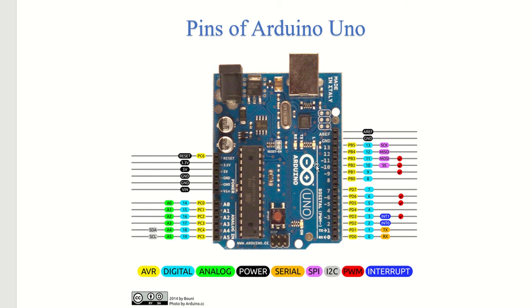Pulse width modulation is a modulation technique used to encode messages into pulse signals, and it is used very much when we are working with transistors, IGBTs, or even MOSFETs. So PWM we can use it.